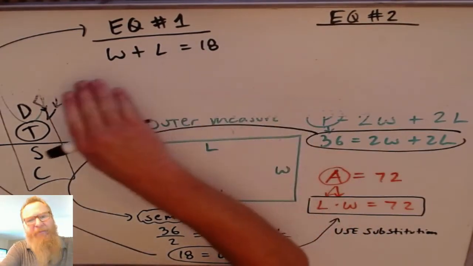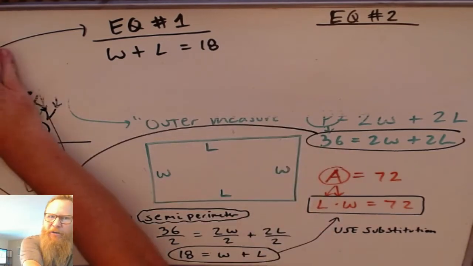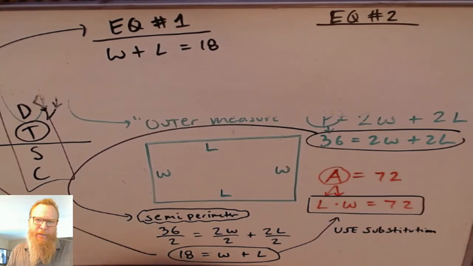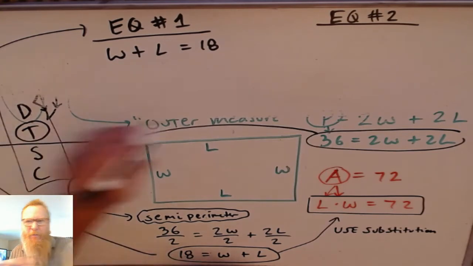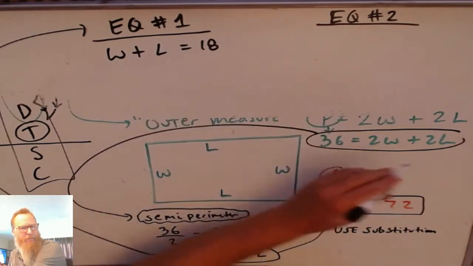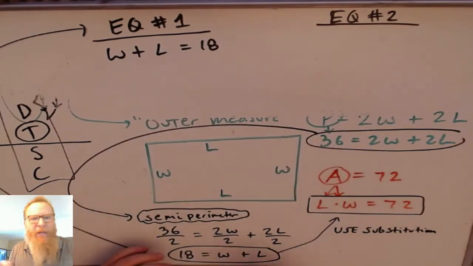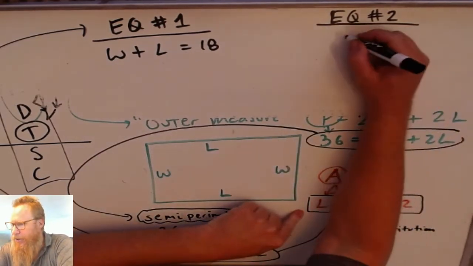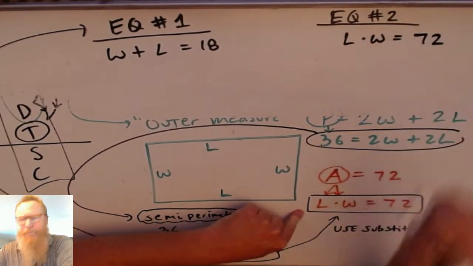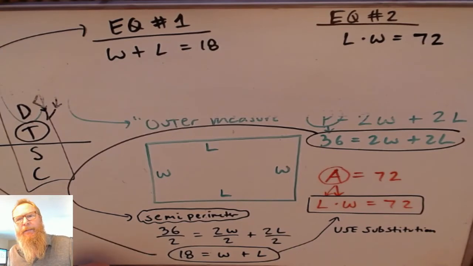I write from left to right. I usually start this way and move this way, and then I go down. It's interesting. If most humans were left-handed, we would probably start over here and write this way. I don't know, I'm just speculating. But anyway, equation number 2 is L times W equals 72. All right.